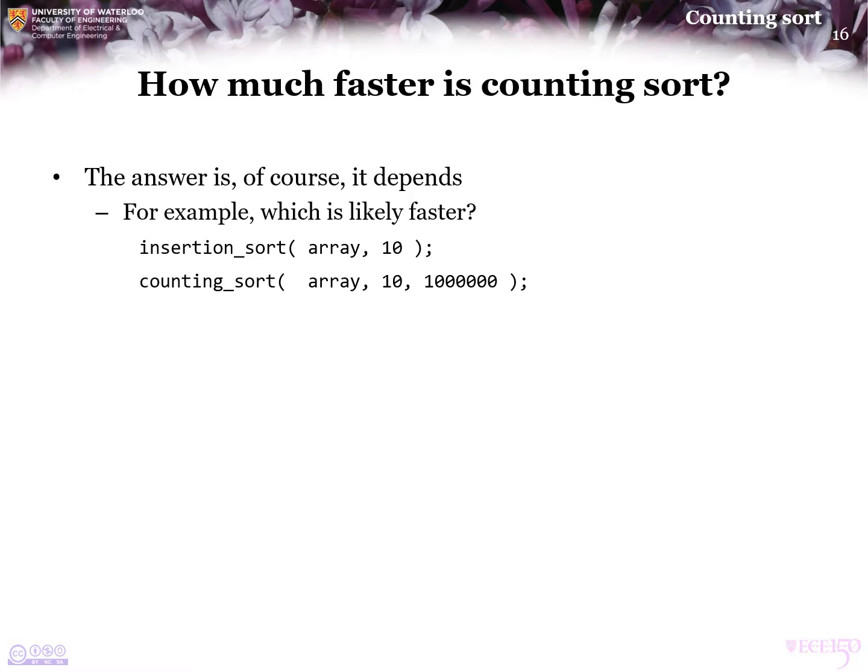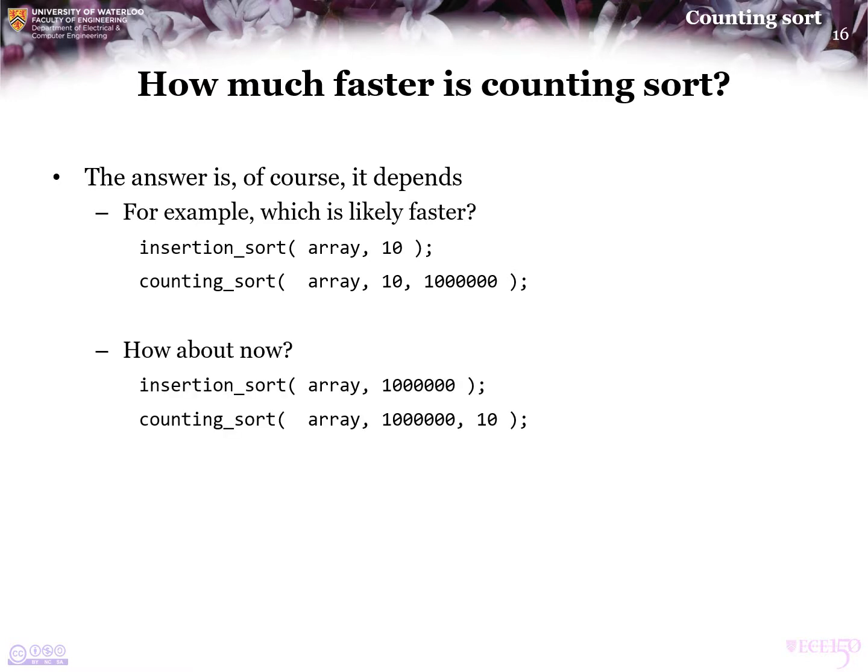That will be very quick, 10 steps. However, then we have to go through that second array of capacity 1,000,001 and copy the appropriate entries back. That's going to be painfully expensive. So in this case, insertion sort is likely the ideal sorting algorithm.